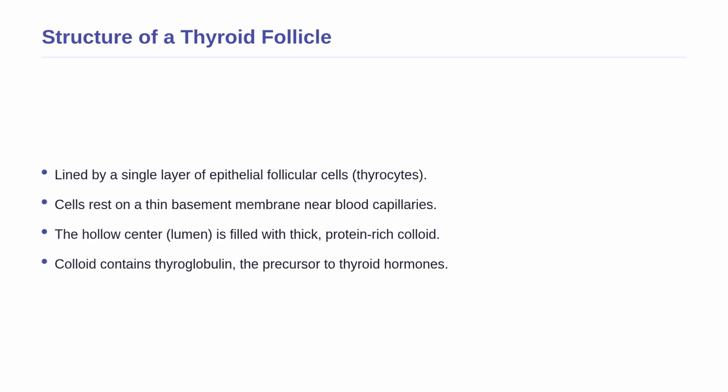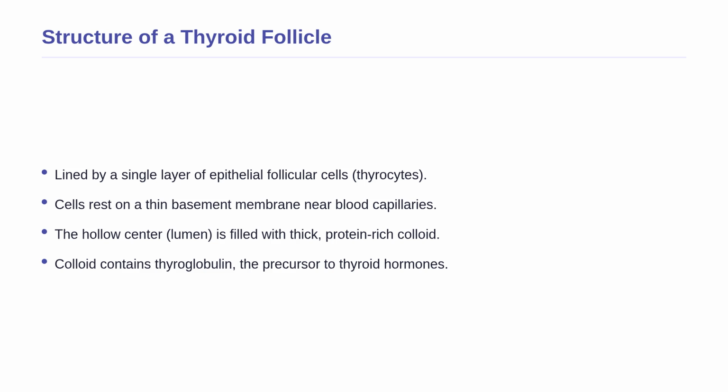Now that we understand the factory analogy, let us look closer at the structure of these individual balloons. Histologically, each thyroid follicle is lined by a single, continuous layer of epithelial cells, known as follicular cells or thyrocytes. Think of these as the living worker cells forming the rubber skin of the balloon.